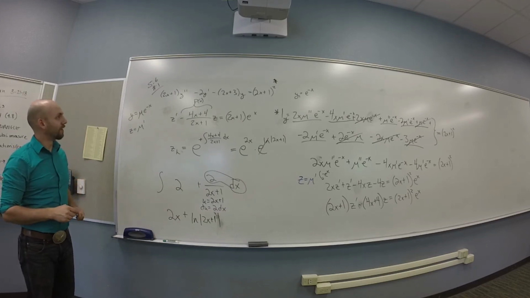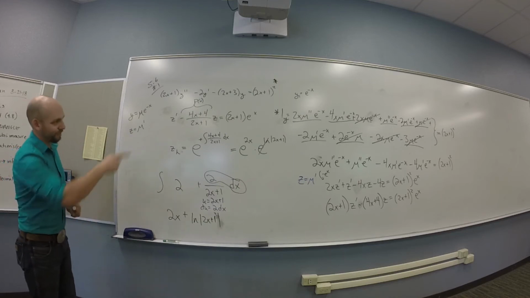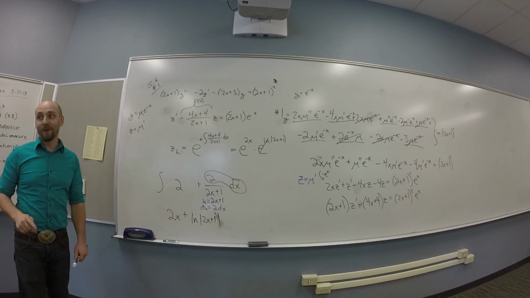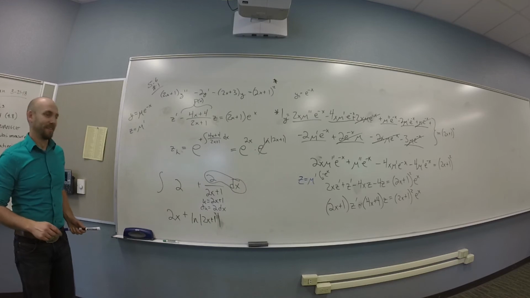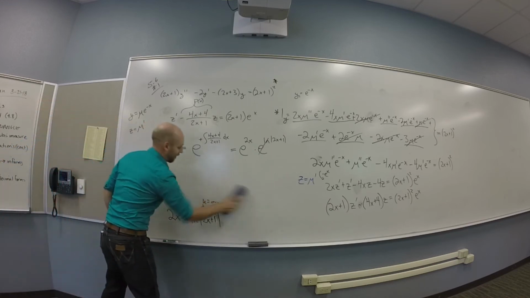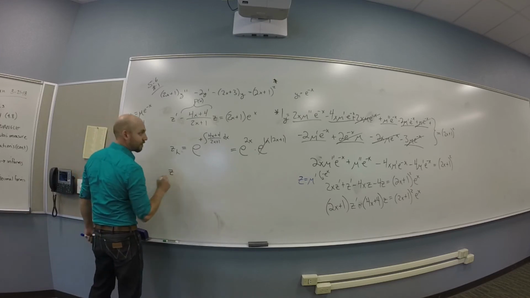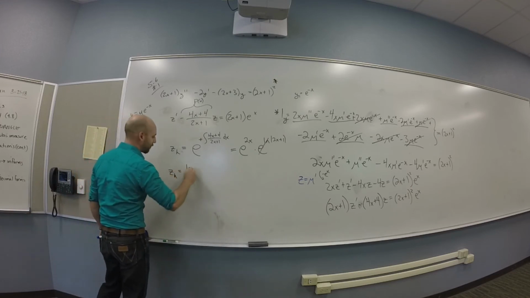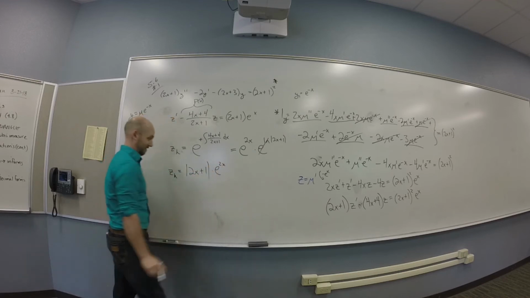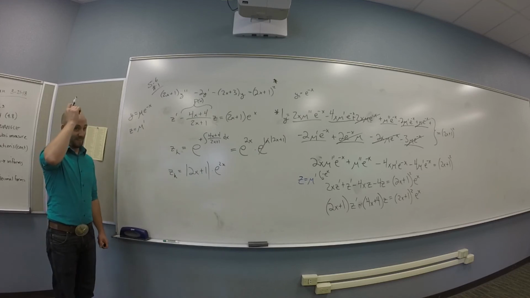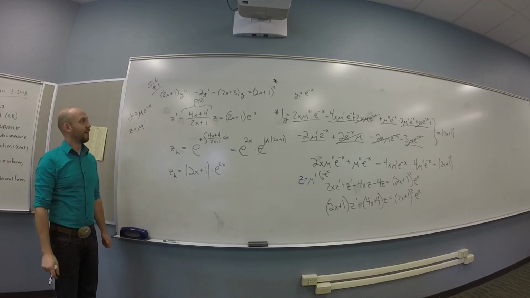And I would really hope that they had said something like, let x be bigger than minus a half, so I didn't have to bother with this absolute value bar. So z is the absolute value of 2x plus 1 times e to the 2x, times the integral of (2x plus 1) e to the x over absolute value of 2x plus 1.